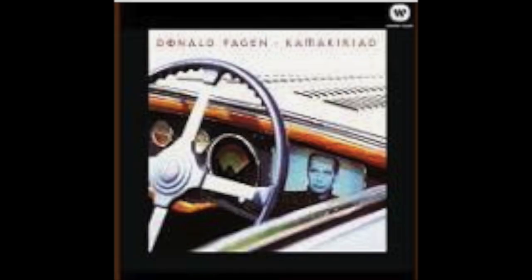I had a friend who was listening to a Donald Fagen album, Kamakiriad, when it first came out, and he kind of showed his ignorance of instrumentation, because he was making fun of how that song starts out.